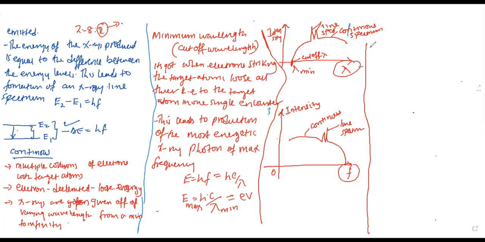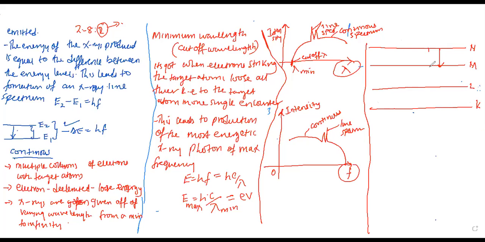So if these are the energy levels of the atom, this can be called the M shell, this can be called the L shell, and this one can be called the K shell. So the transition is made from the N shell to the M shell.